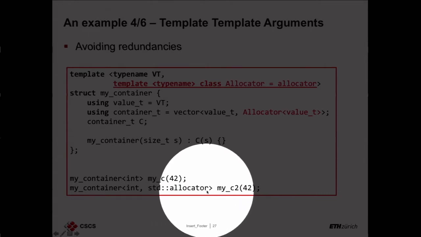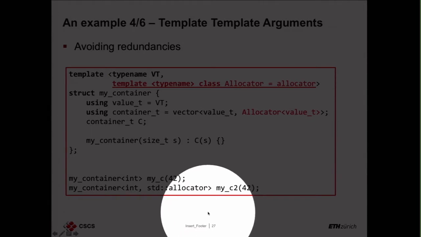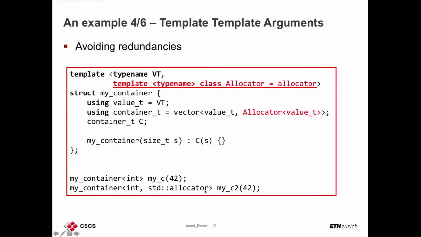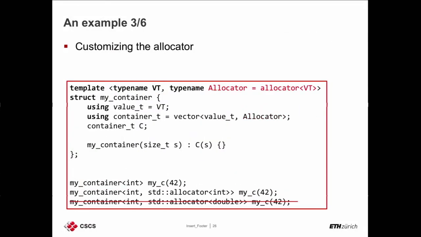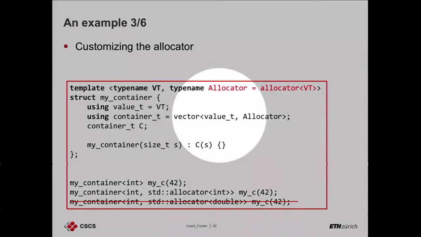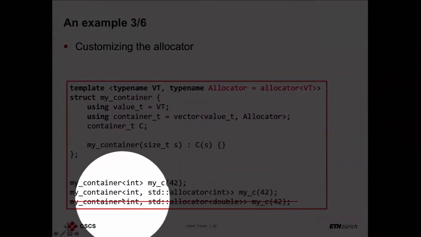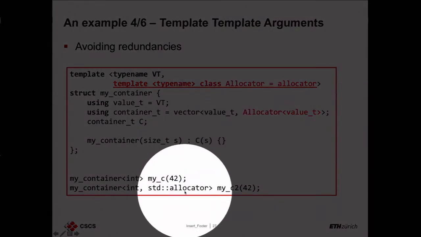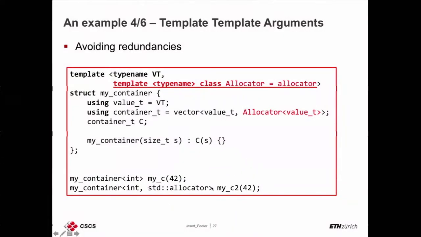Now, I don't have to specify allocator of integer here because I'm passing a template and not a type. So passing a template will instantiate the proper std::allocator with the right type. So I cannot make this mistake of passing double here when I was passing int here. I will get the right type out of here. And this is the syntax that allows you to do it.